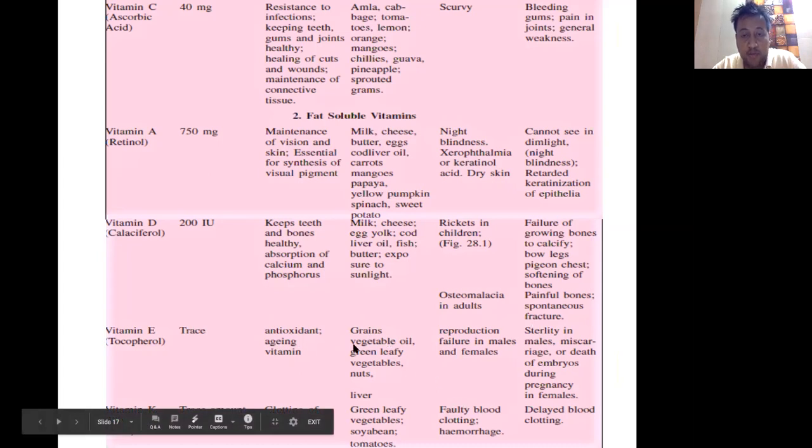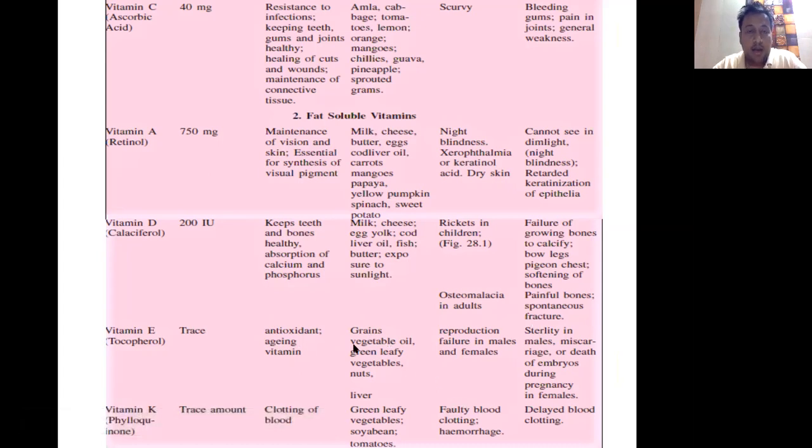Again, vitamin K is one of the most important vitamins because whenever you have a minor cut in your body anywhere, and you're bleeding, you see that after a few minutes the bleeding stops and the blood clots. That clot, which helps in stopping excess bleeding, is formed due to vitamin K. Vitamin K serves a very important role in clot formation.